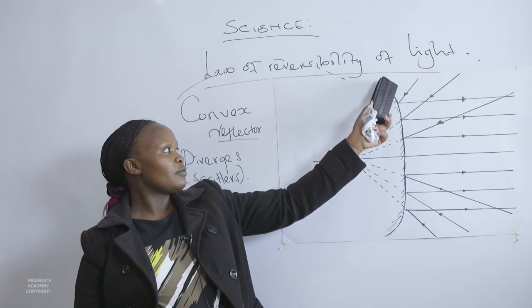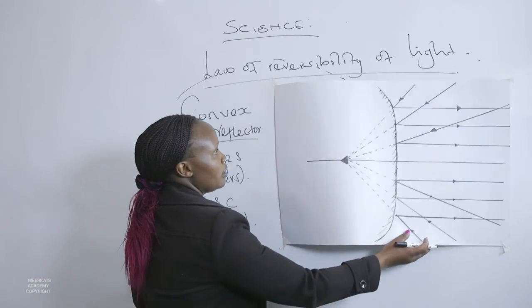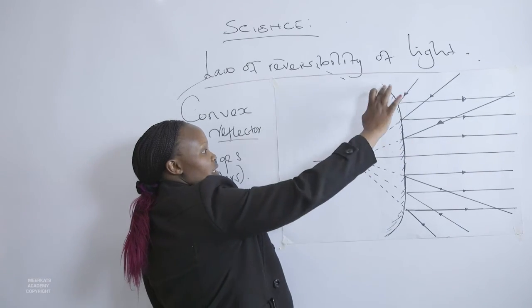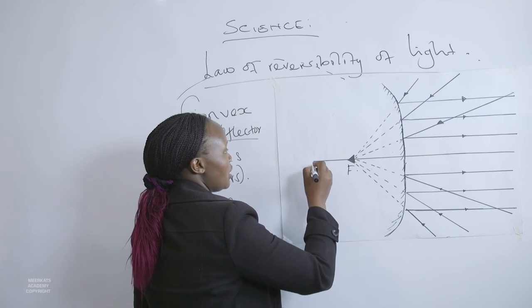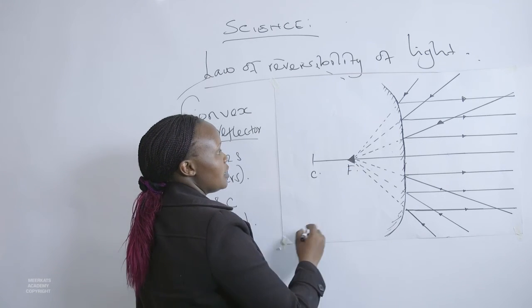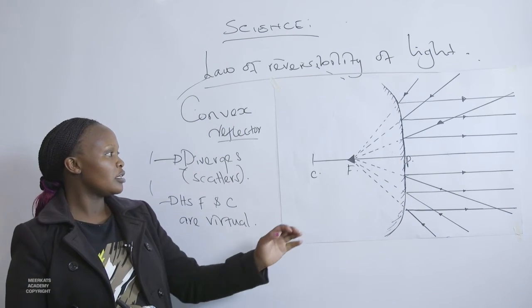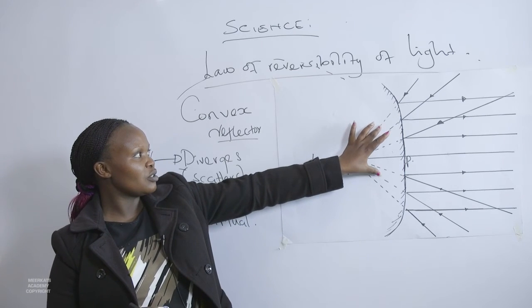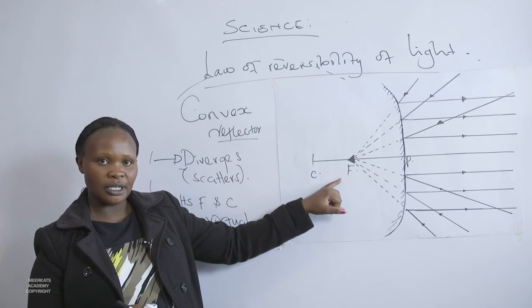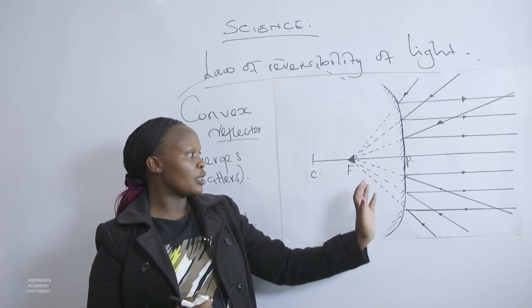Remember that our reflecting surface is on the outer side. Therefore, our F and C and our pole still remain virtual, so our rays do not pass through these points, but appear to pass through them.